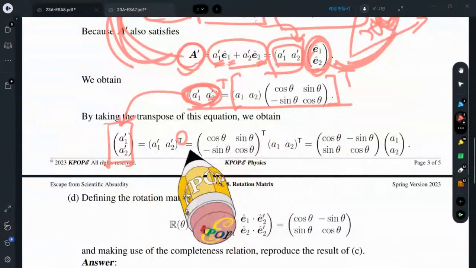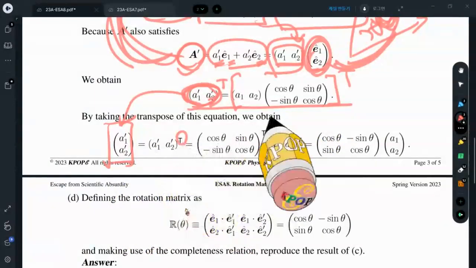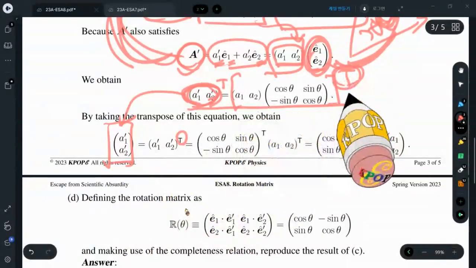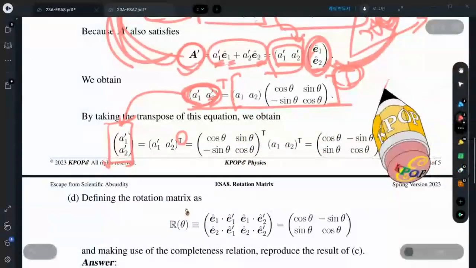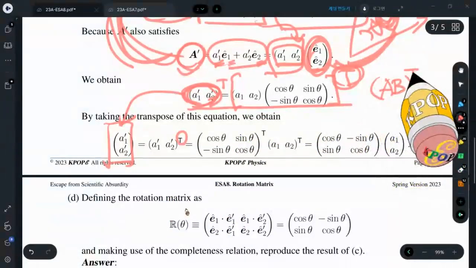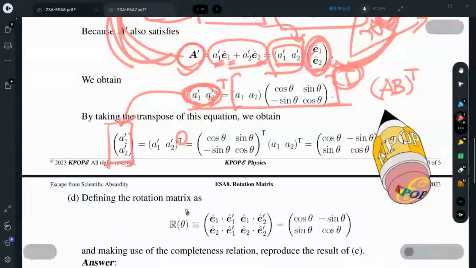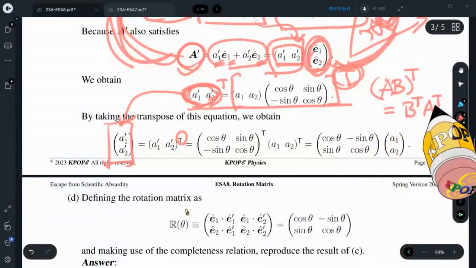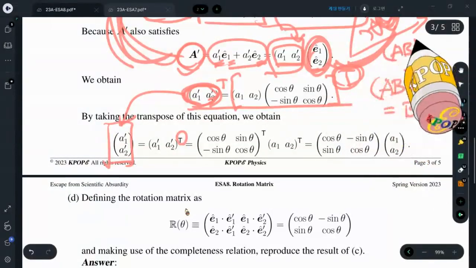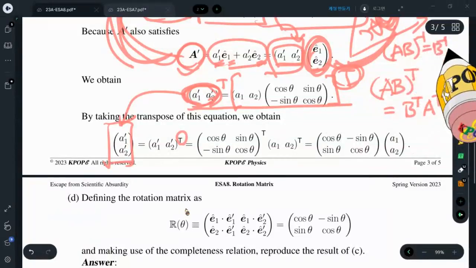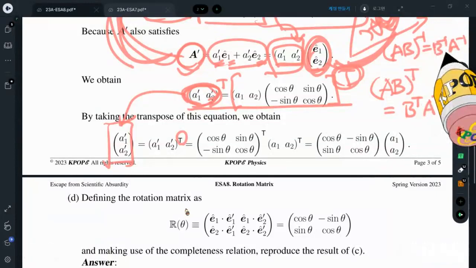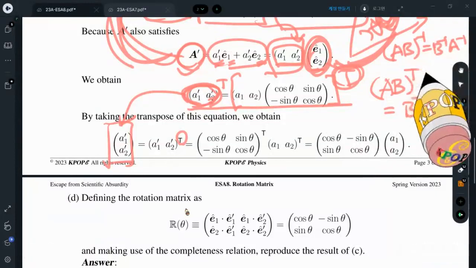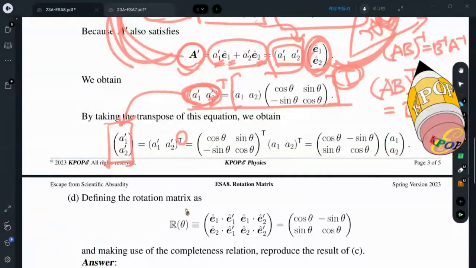Next step is how can I compute the transpose of a product? In general, after multiplication, if you take the transpose, this is this. In a similar manner, if I want to compute the inverse, if they exist, their order must be flipped, exchanged. The proof is already given in the main text.